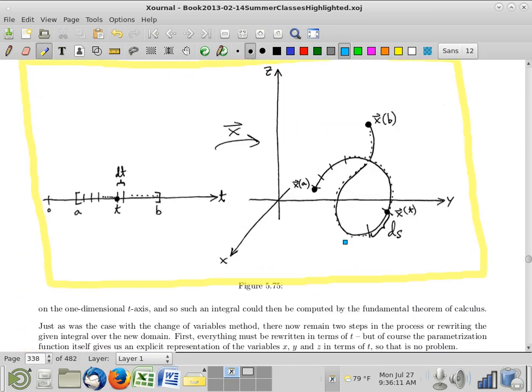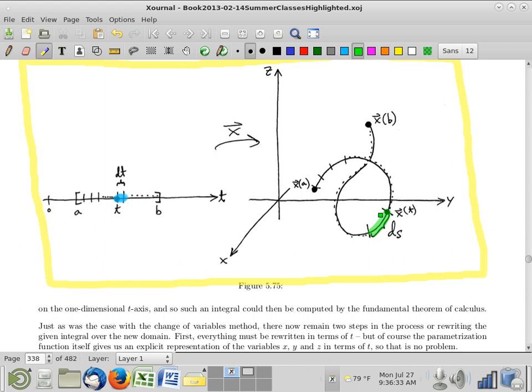Okay, so the big picture strategy there is very familiar, and a couple of details to be worked out, namely on a given little piece of the t-axis, there's a corresponding little piece on the curve, and we need to know our size stretching factor, namely it's certainly not the case that ds and dt are always equal. Of course not. They're very different things.